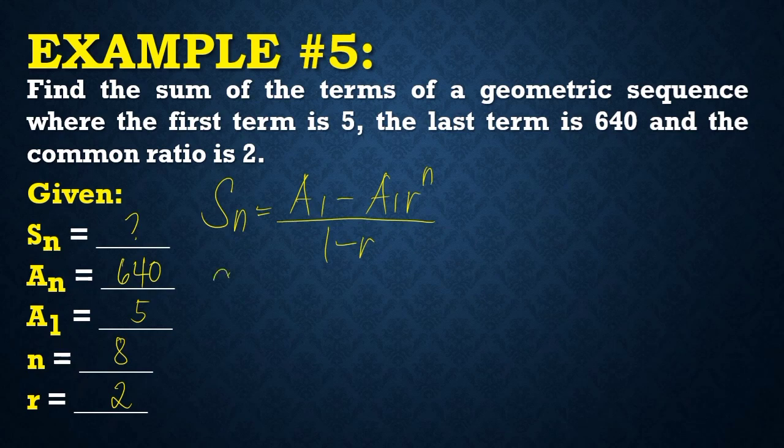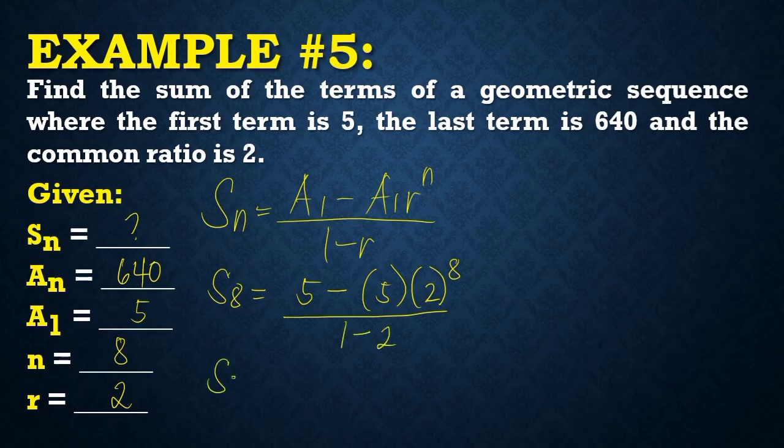So, that is S sub 8. And then, first term, that is 5 minus the product of first term and r raised to n. So, the common ratio is 2. And then, n is 8. All over 1 minus the common ratio, 2.